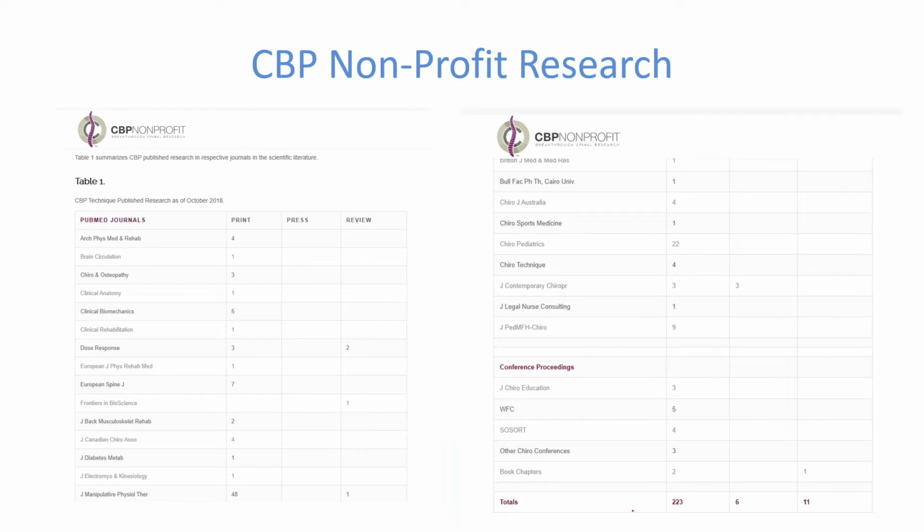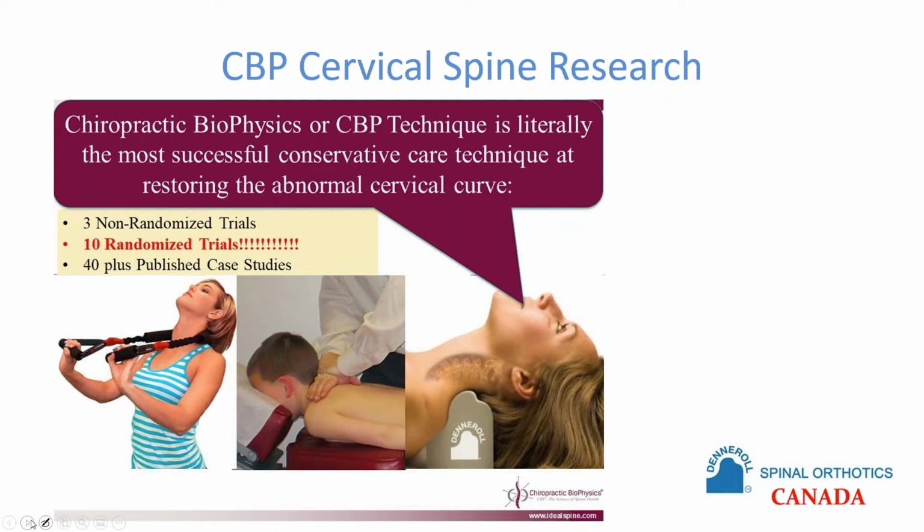All right, so just again, a reminder and review, everything that I discuss is based on CBP. It's what I've learned. It's the research that I follow because I believe they're doing the foremost and best work in our profession. So anything that I discuss, if you want to look at the links to the research, cbpnonprofit.com. They've got 240 papers supporting what they do. I think it's fantastic.